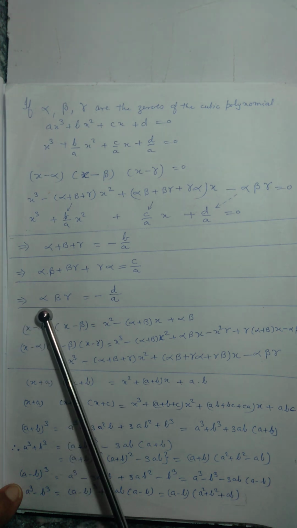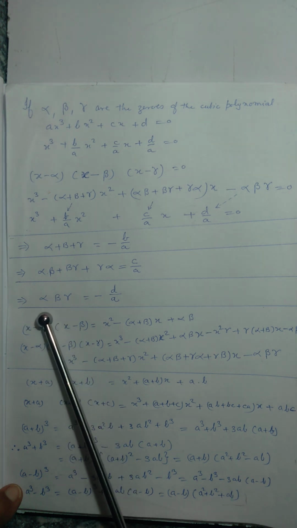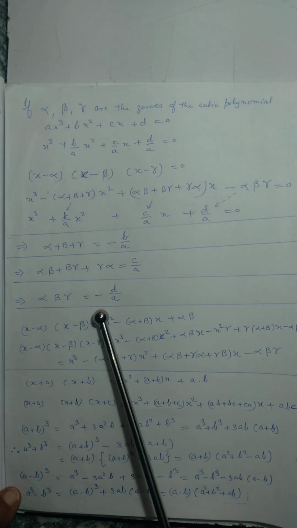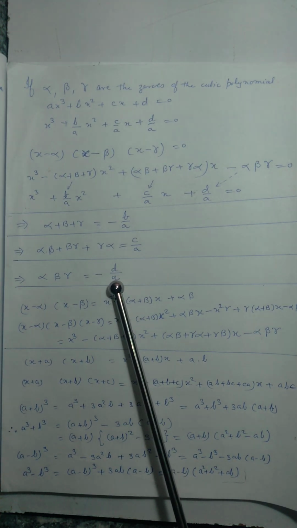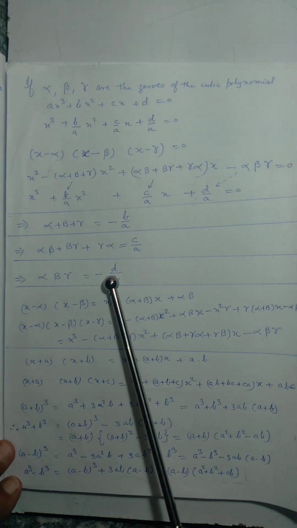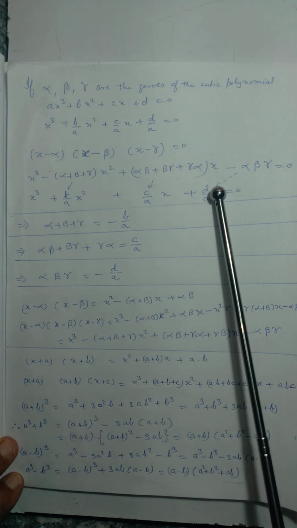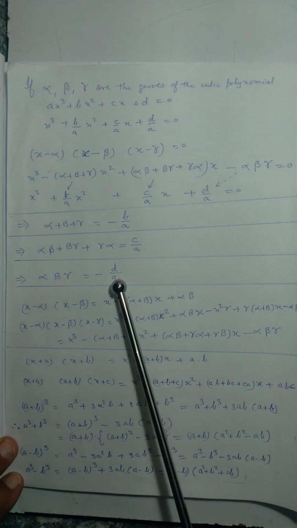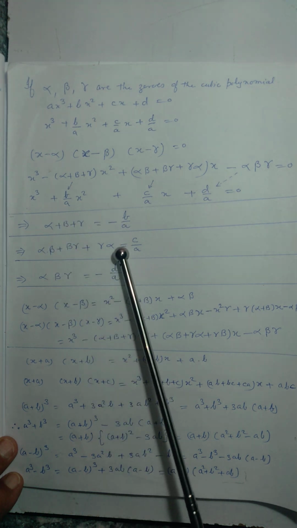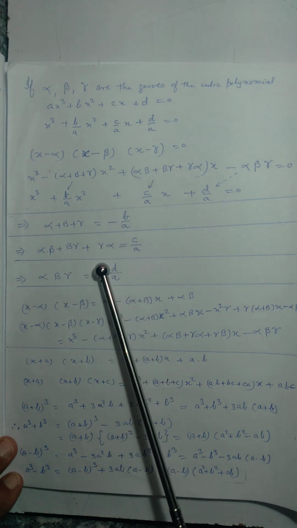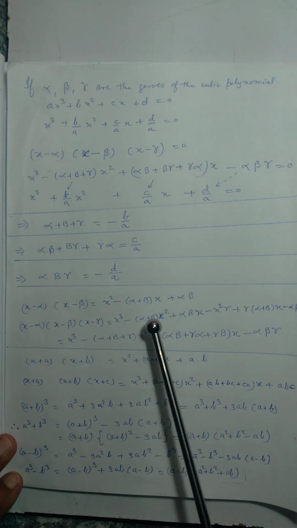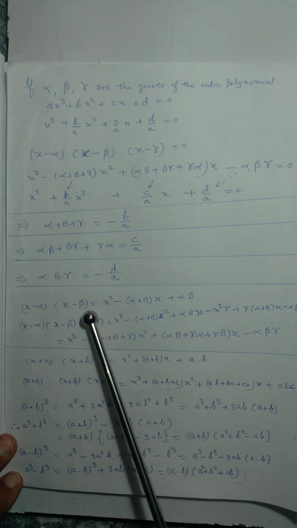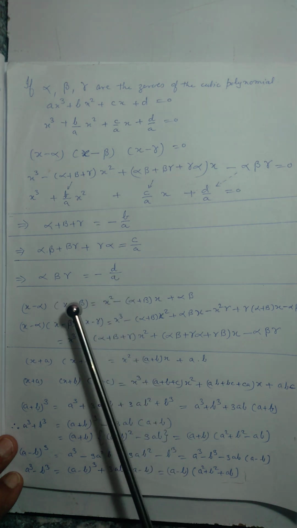Now come to the product of the zeros, alpha into beta into gamma, that will be equal to minus d by a. So you have to remember this, and it will be very helpful while solving your cubic polynomials or cubic equations.